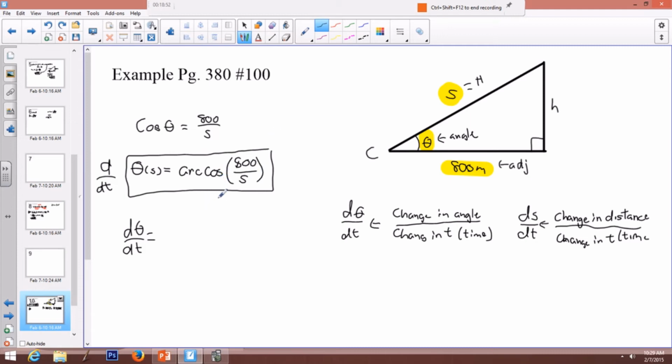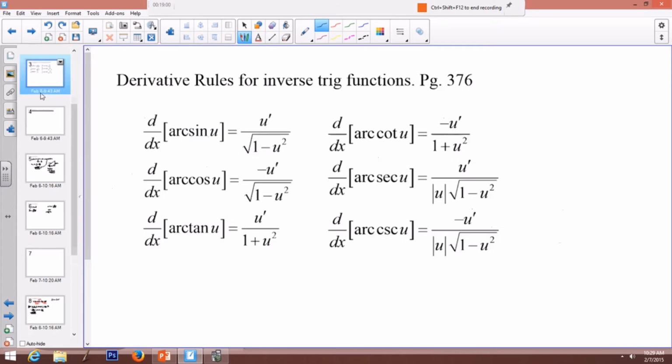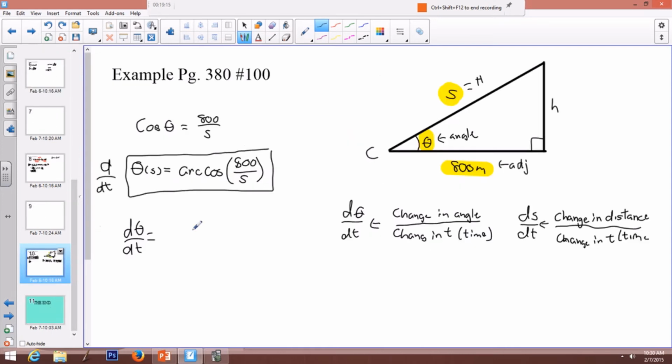That arc cosine, remember from way back up here, is going to be negative u prime over the square root of 1 minus u squared. Let's move this down because I don't want to run into the next one.